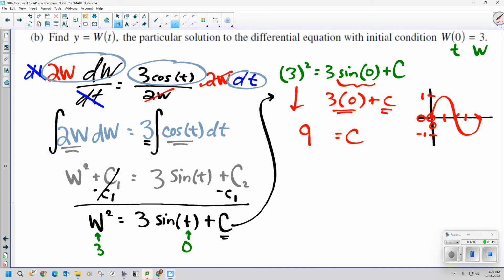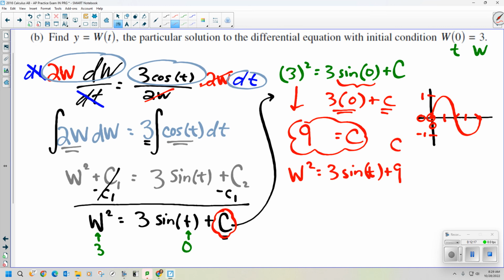So I have C is 9. I'm going to put this back into this C right here. So I've got w squared equals 3 sine of t plus 9, because that's where my C was. I still have to solve for w.